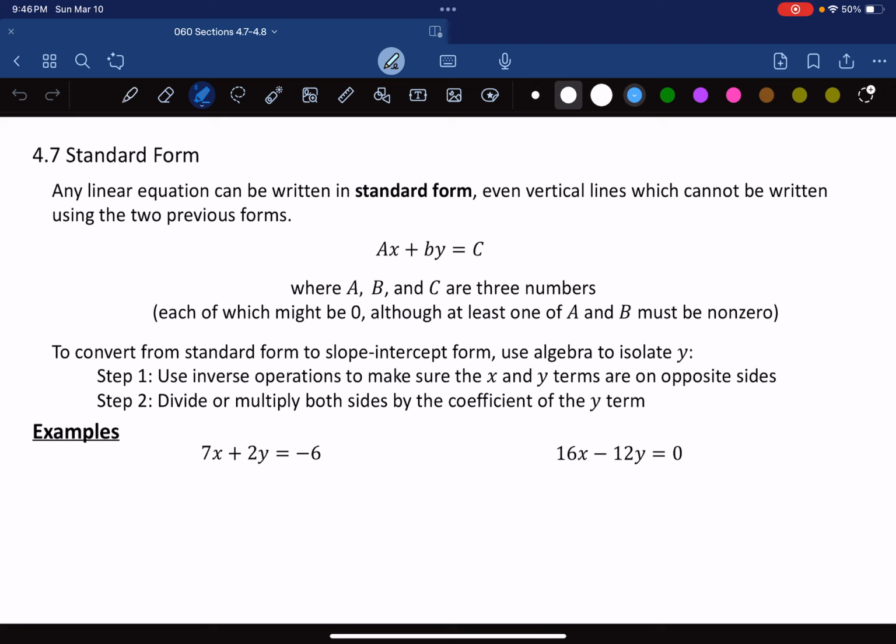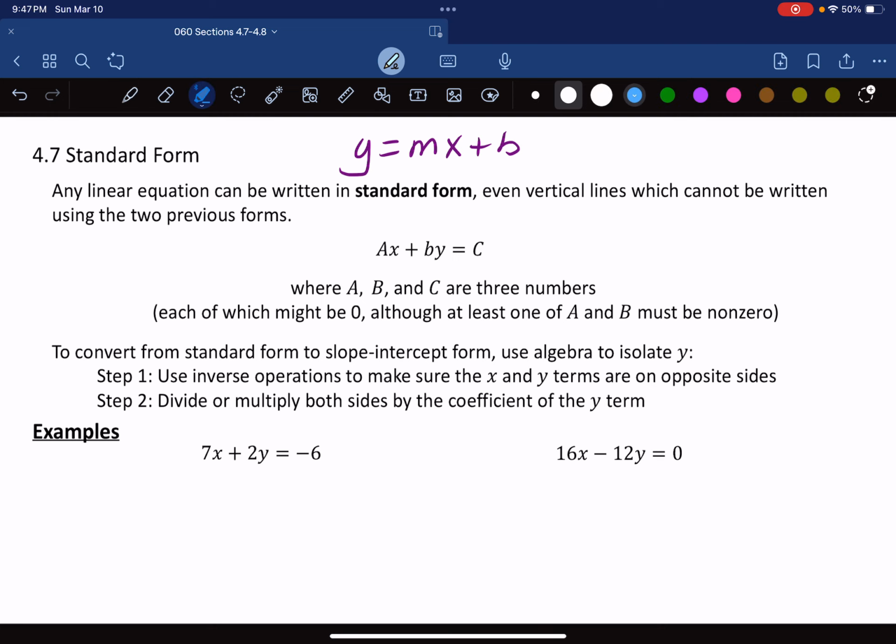So the first thing I'm going to do is highlight the term that I want to keep on the side by itself. To remind myself, I'm going to rewrite my slope-intercept form, y equals mx plus b, and this allows me to see that y is on a side by itself.